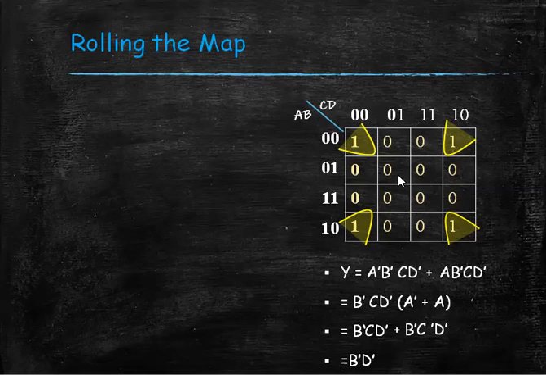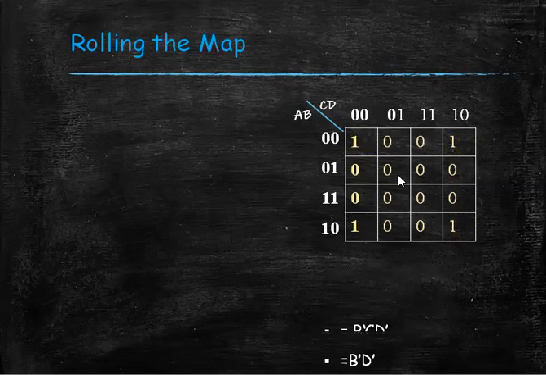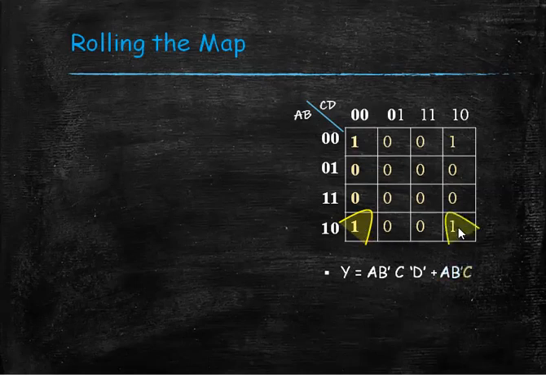Then the result must be, first we consider these two ones, that is A, B bar, C bar, D and A, B bar, C, D bar. When we reduce these, they form a pair, that is A, B bar, D bar.